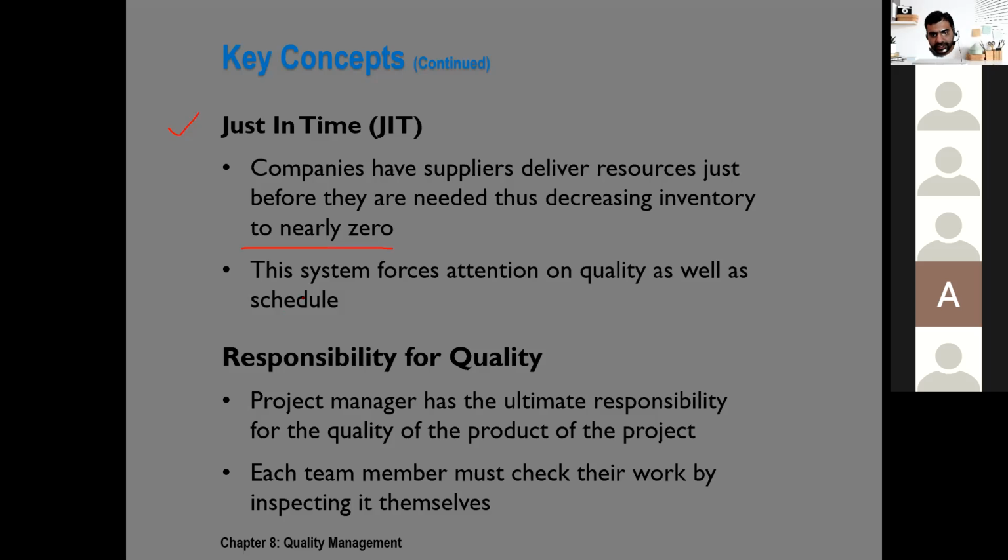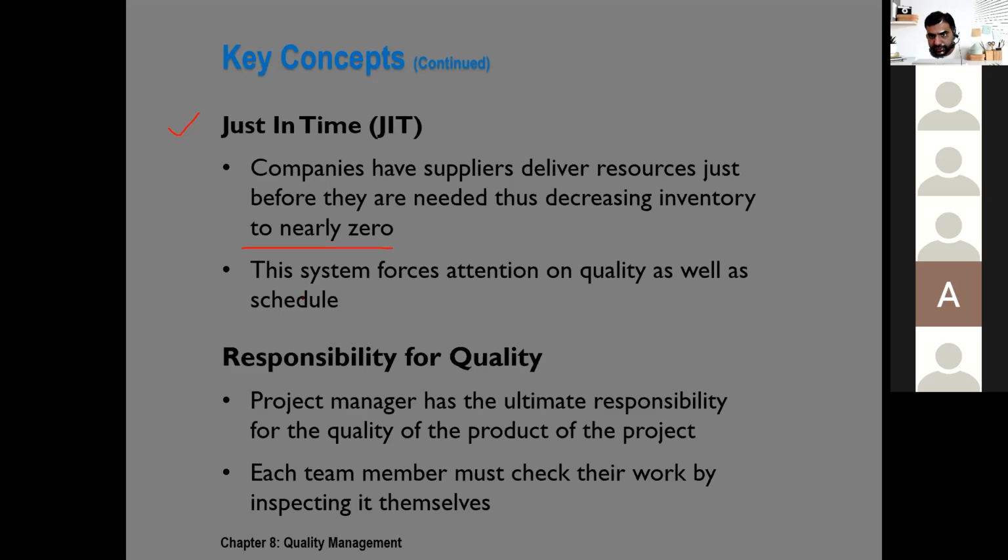Start to finish or just in time are exactly the same concepts. They are talking about that suppliers deliver the resources just before they need it. By doing that, inventory becomes almost zero because inventory management, inventory storage, inventory control, it is a big task.